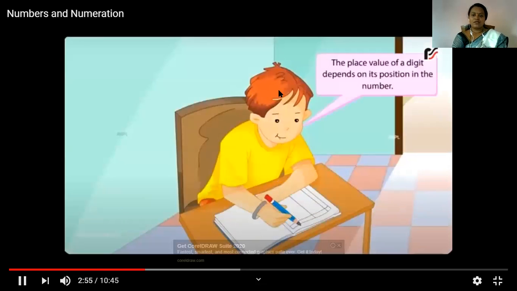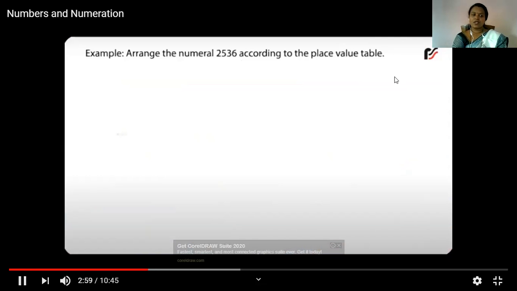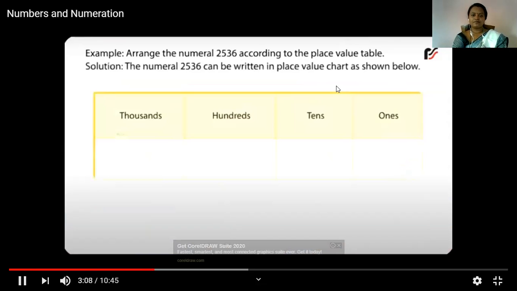Place value of the digit depends upon the position in the number. Example, arrange the numeral 2536 according to the place value table. Solution. So we are going to write it in the place value chart as follows.